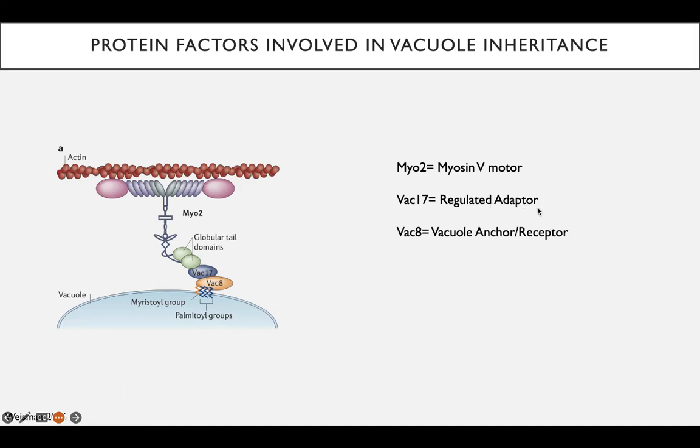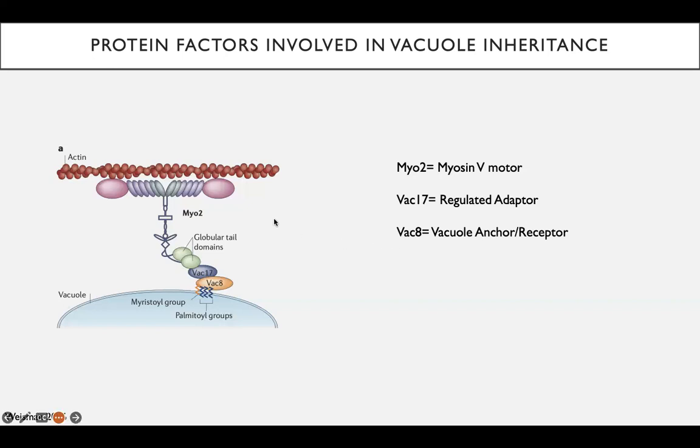Often there's an adapter protein, connecting a motor to a receptor that's on the cargo that's being transported. And then finally, you have a protein that's either an anchor or is the receptor, so that you know what cargo it is that is being transported. That's also either the cargo itself or it's tightly bound to the cargo so that the cargo can be moved from one particular spot to another.